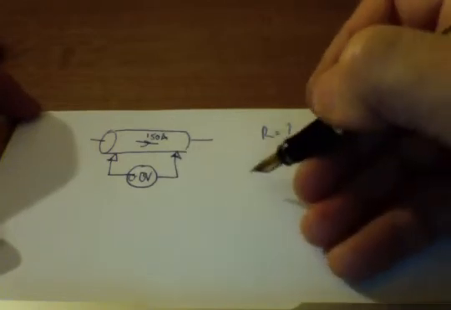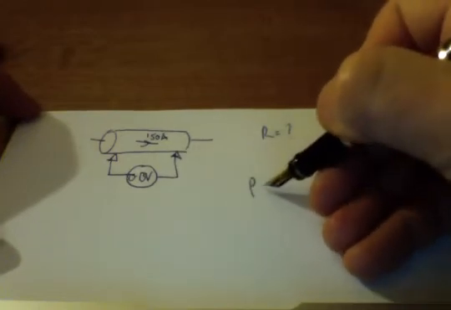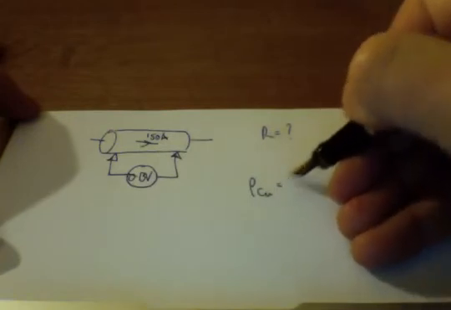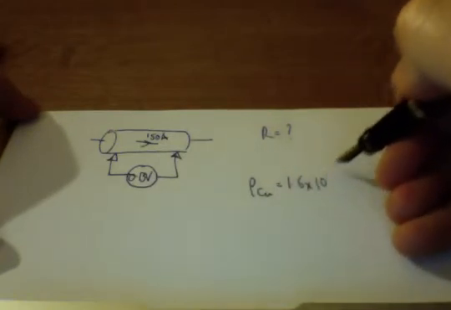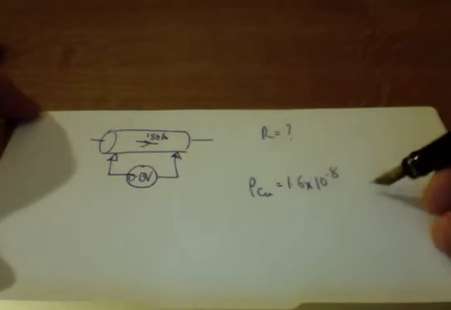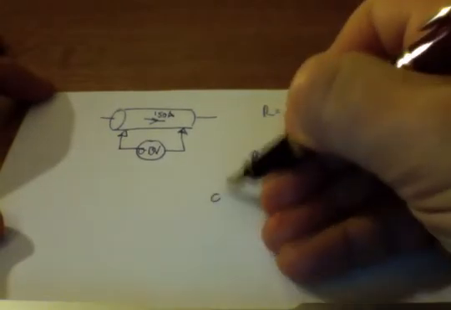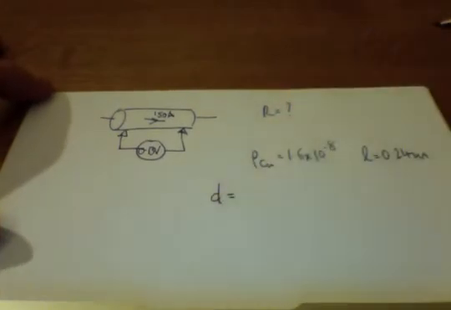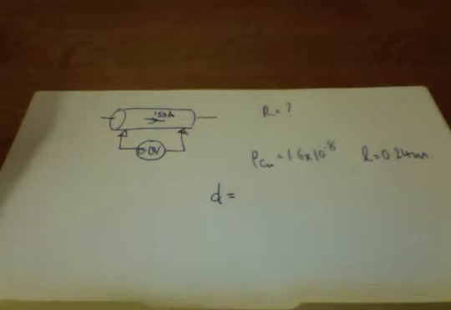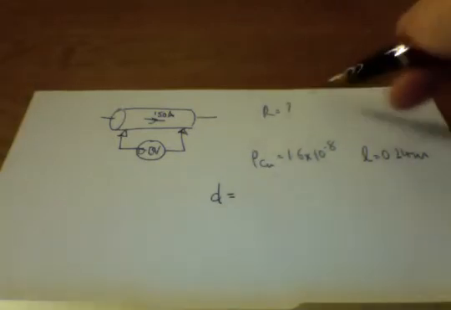The second question is, if we know the resistivity of copper, 1.6 times 10 to the minus 8, and the length is 0.24 meters, then what's the diameter of this wire in order to provide that much resistance?